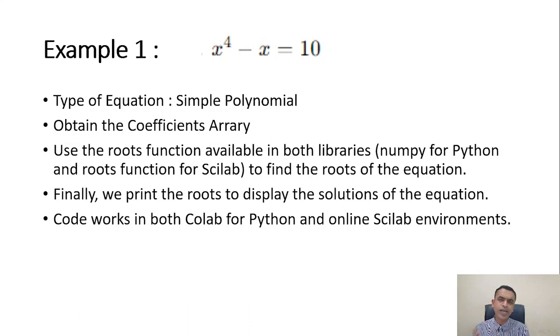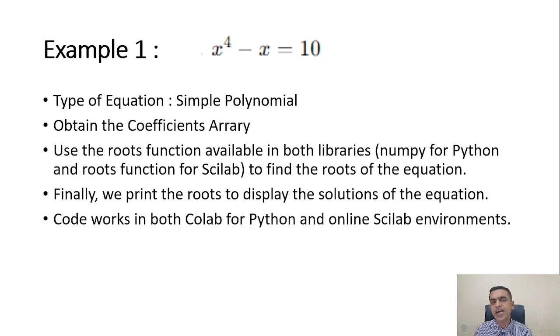There are 2 types of problems that we have seen. The polynomials, which can be expressed as a coefficient array, and if there is a trigonometric term like sine, cos, tan, then that cannot be used. Where the polynomial can be described in terms of a coefficient matrix, we are going to use the roots function both in NumPy and in Scilab.